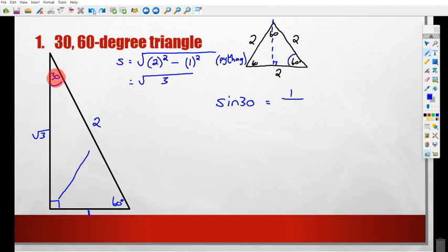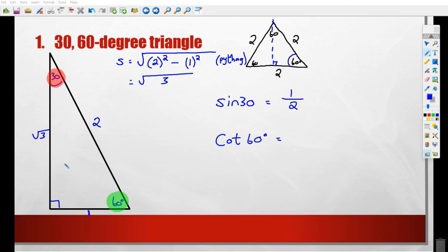If I say go find cot of 60 degrees, we know that this 30-60 degree triangle has a 60 degrees in it, so I'm going to look at the 60 degree angle over here. I know that cot is the reciprocal of tan. Firstly, tell me what tan is.